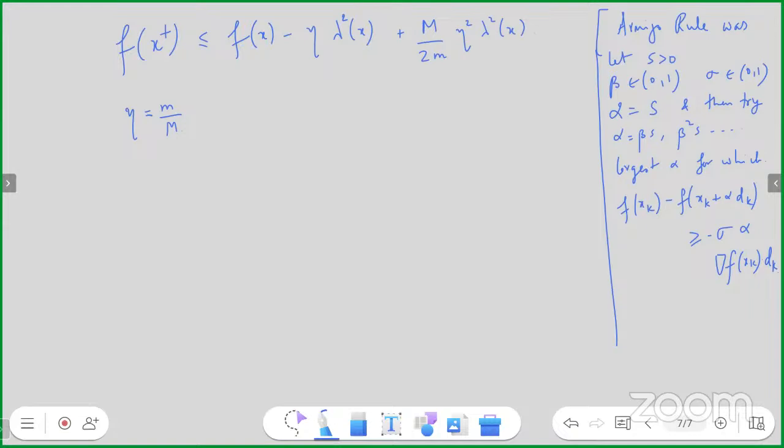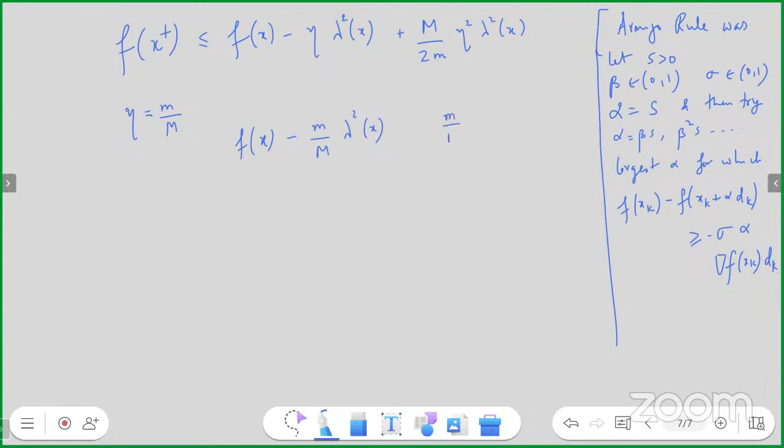We plug in eta equal to little m by capital M. What happens to this equation? So f of x minus little m by 2 capital M lambda square x. This will essentially cancel off, right? What will you get?